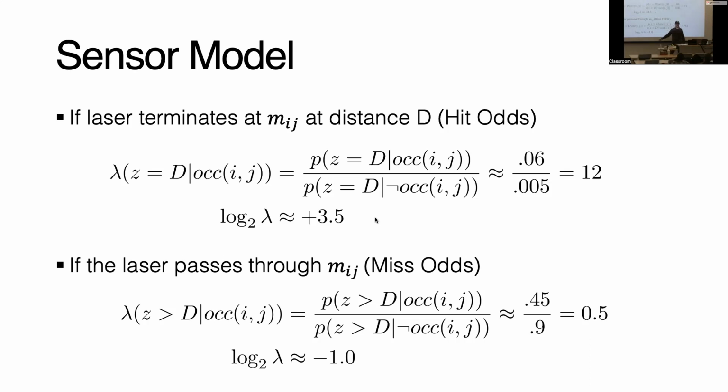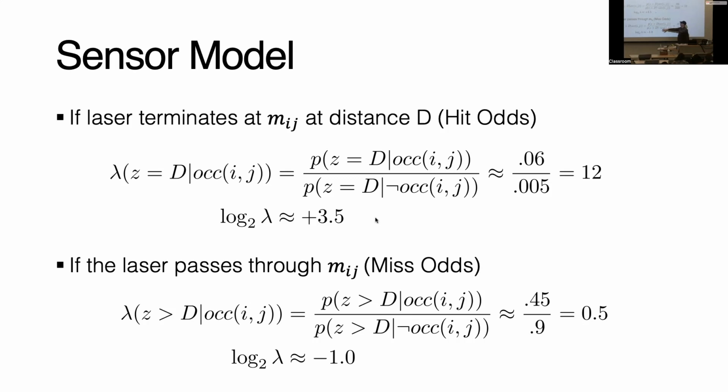Now, in effect, in the algorithm, these numbers are just constants, right? And you can just tune them for performance. So you can be very careful about measuring your sensor model and figuring out what these should be. But in the end, they're not very sensitive to changes because they're the log of a number.